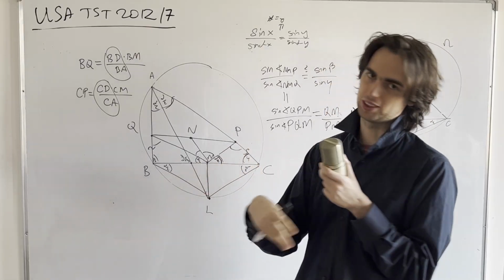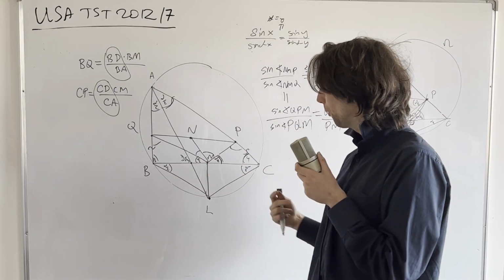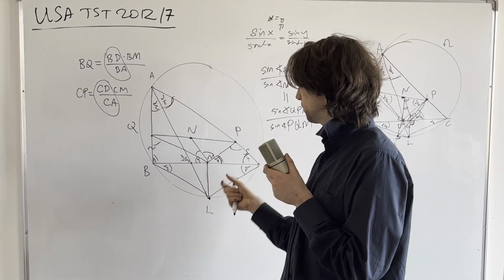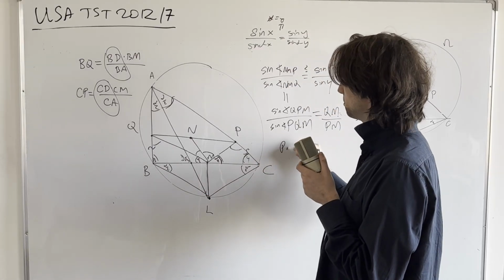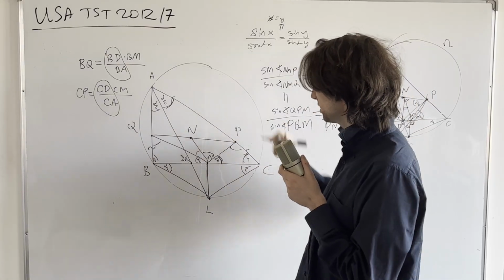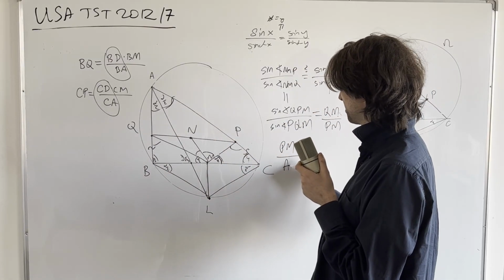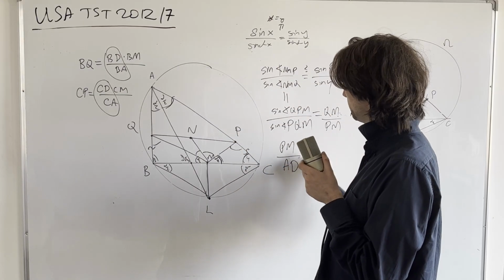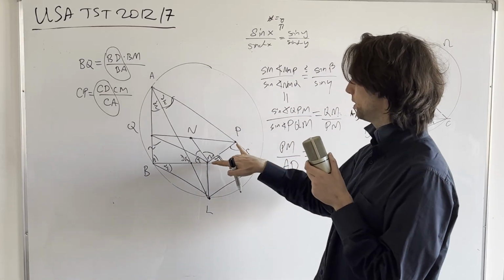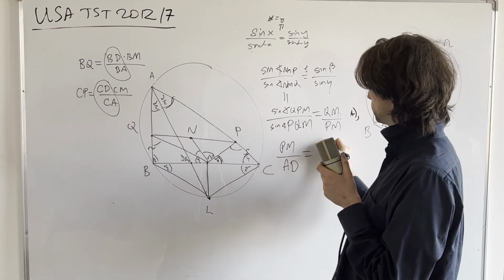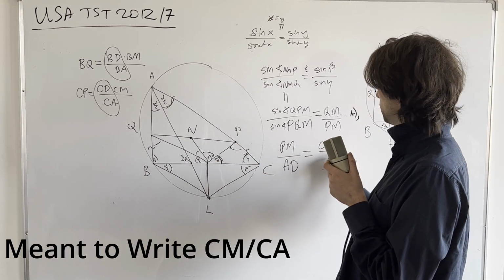And I can use the sines, or I can go ahead and say, okay, similarity-wise, what do I have? I have PN, PM over AD is equal to what? It's going to equal, well, let me put it on these two things, CN over CA.